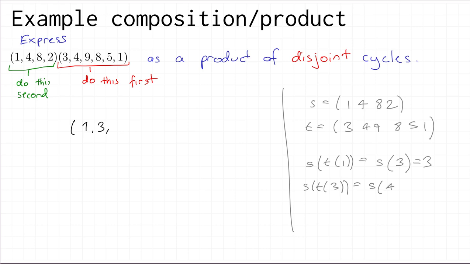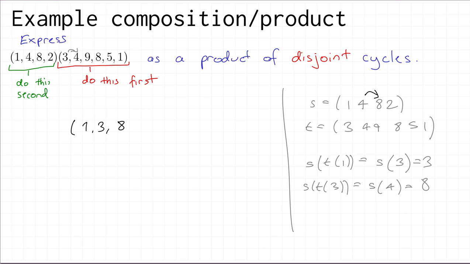You can see that T sends 3 to 4 just here. And S sends 4 to 8. So S composed with T sent 3 to 8. So that's the next thing in our cycle.